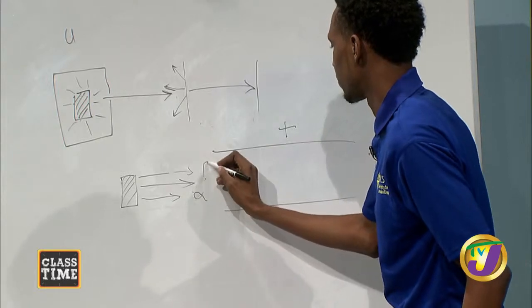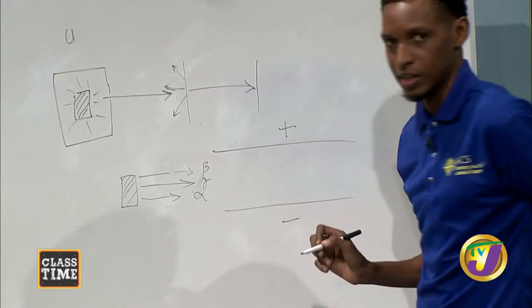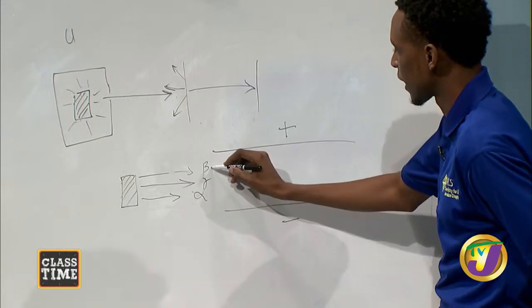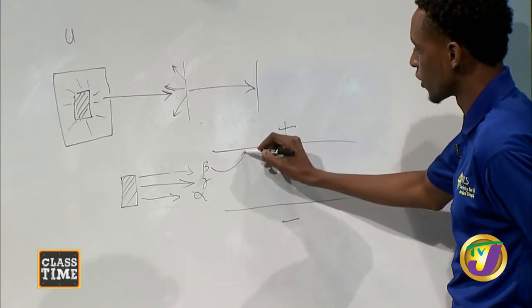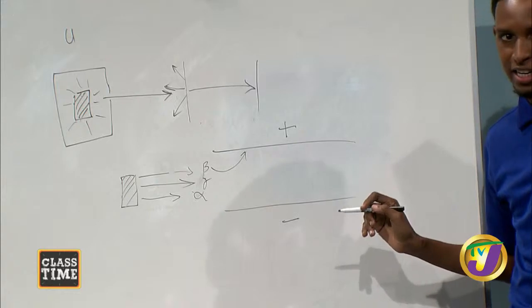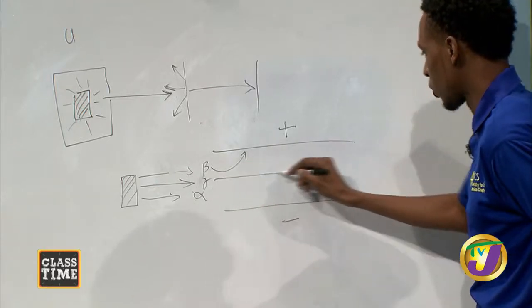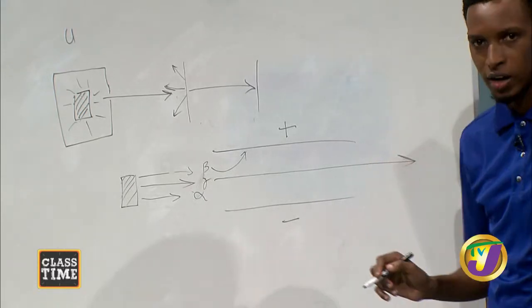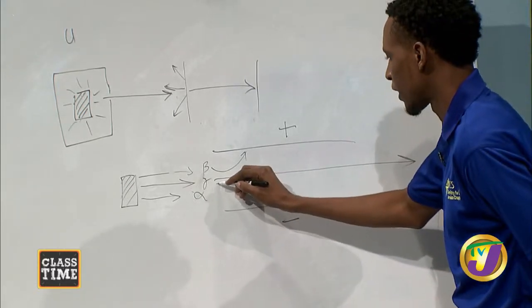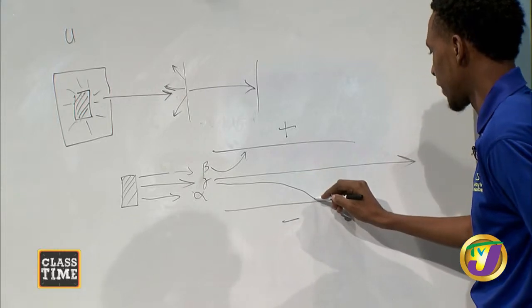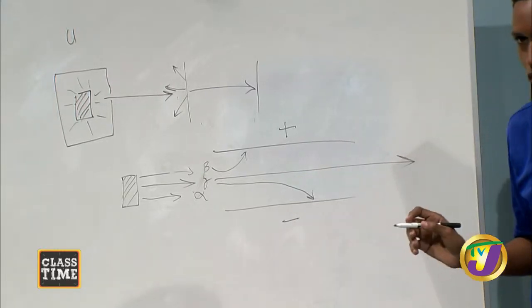Alpha particle here, beta particle there, gamma in the middle. What would happen is that the beta particle would deflect to the positive electrode. This is an electric field. The gamma radiation would pass right through undeflected, and the alpha particle would slowly deflect to the negative electrode.